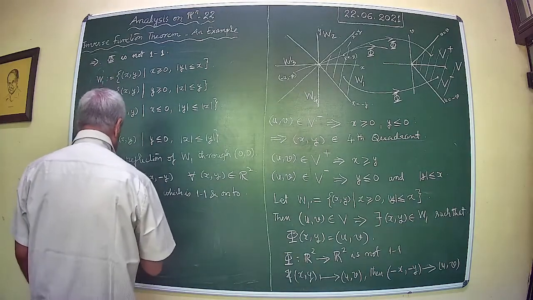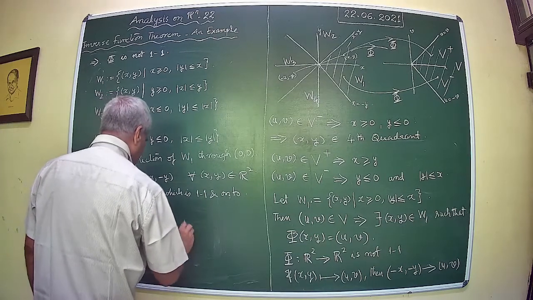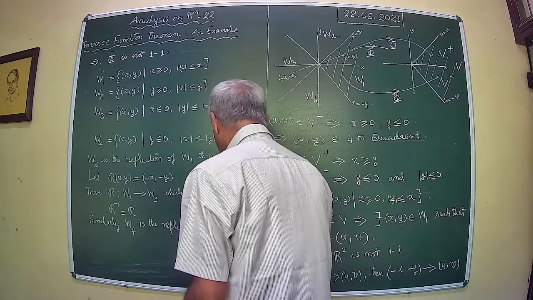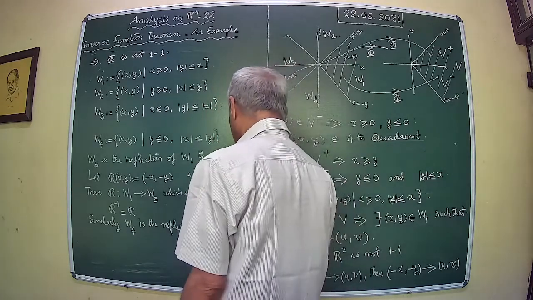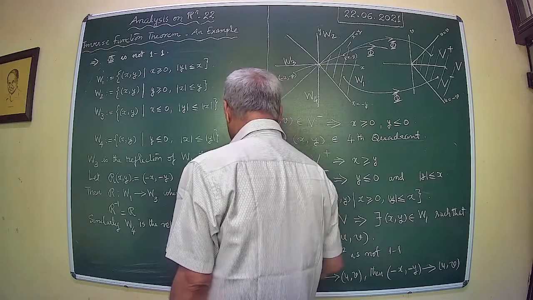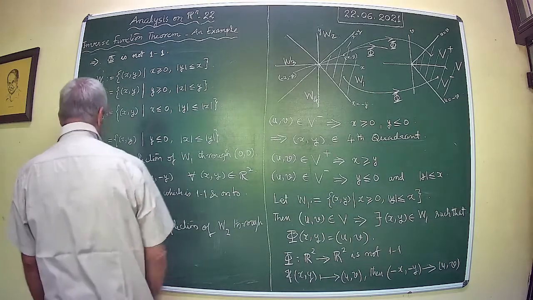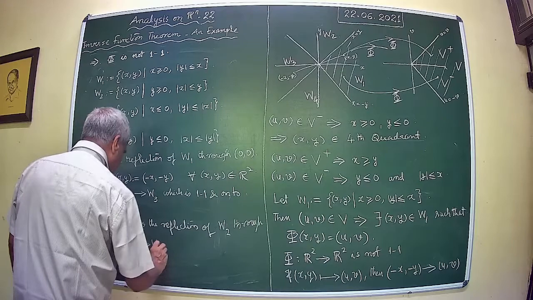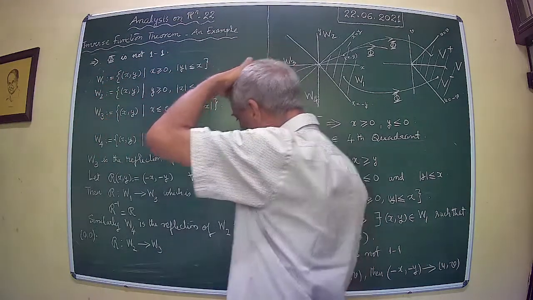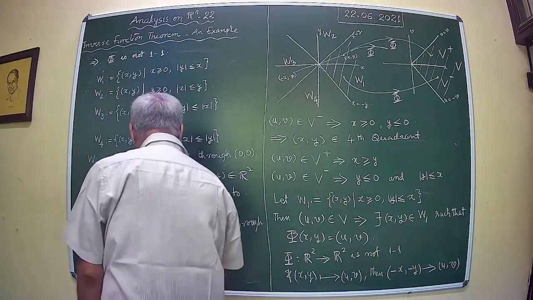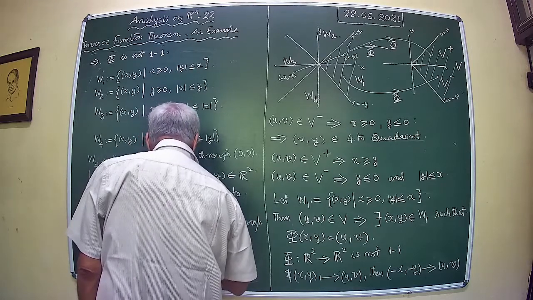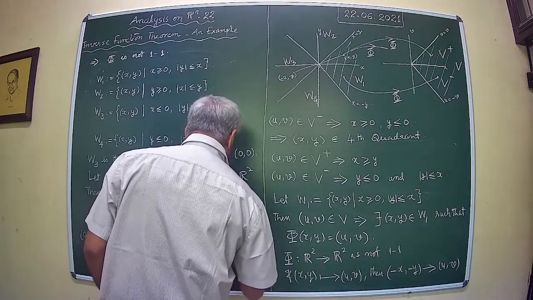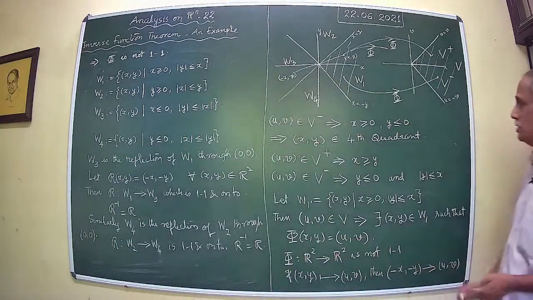Similarly, W4 is the reflection of W2 through zero, and what you have is R from, and of course R inverse is equal to, so that is well defined.